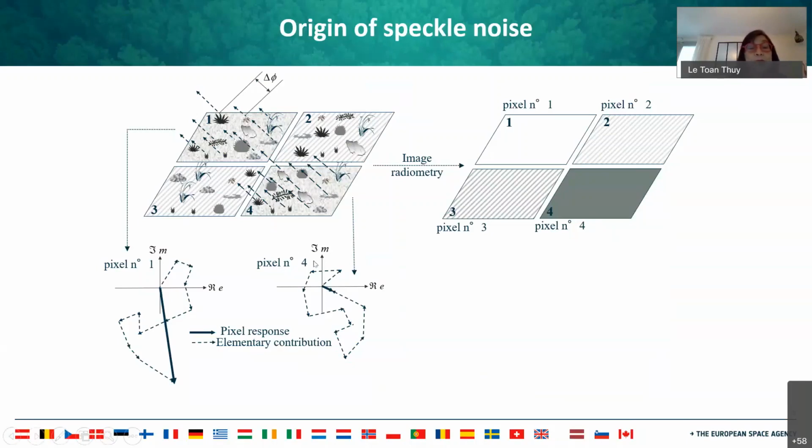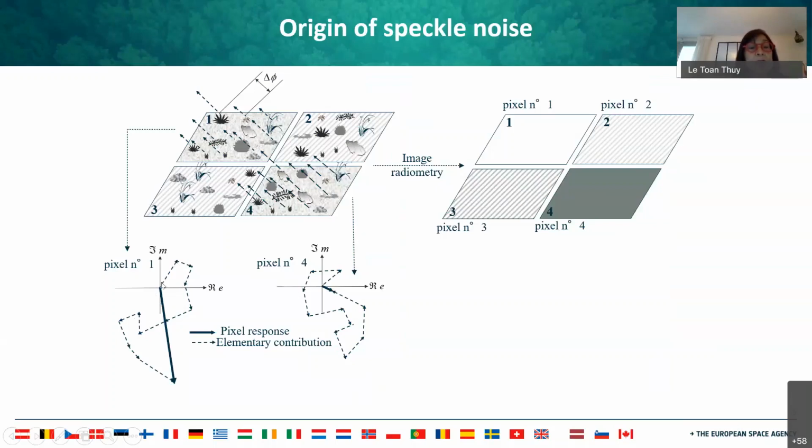And then you have here many scatterers in the field, and the scatterers are also random. And here you have the elementary contribution of each of the scatterers, going here, here, here, randomly.